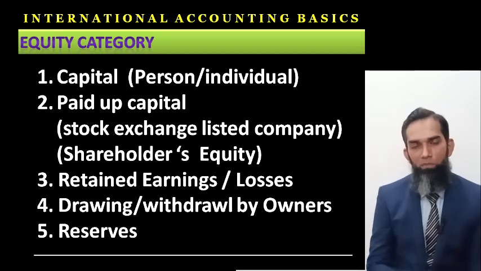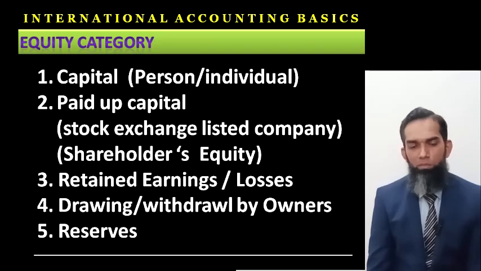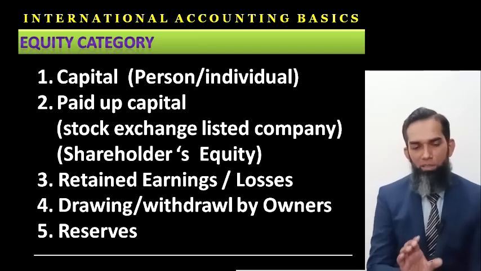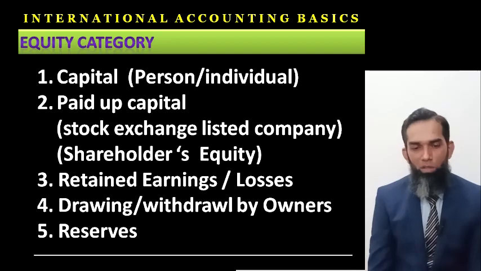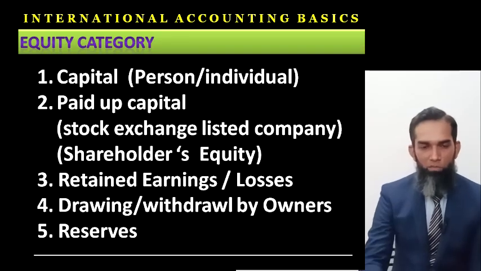This has been reserved for some future needs. So reserves are on the equity side, called reserve, and on the asset side some assets or some amount of investment has been blocked for the purposes of the reserves. So that is all from my side for the balance sheet level.